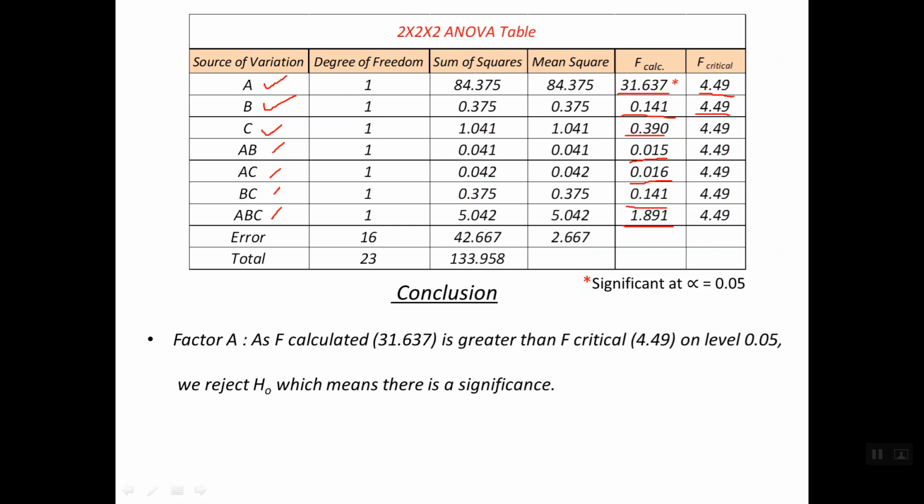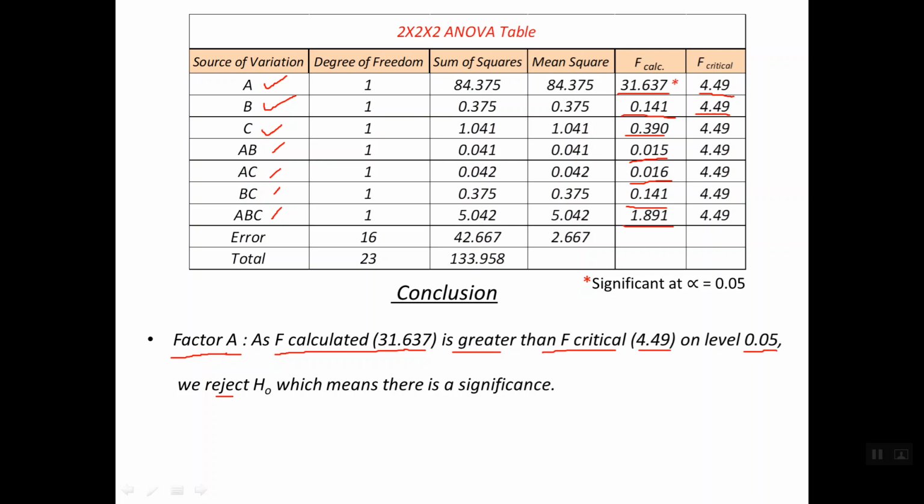Only for factor A alone, the F calculated is greater than the critical one, which is 4.49 on level 0.05.